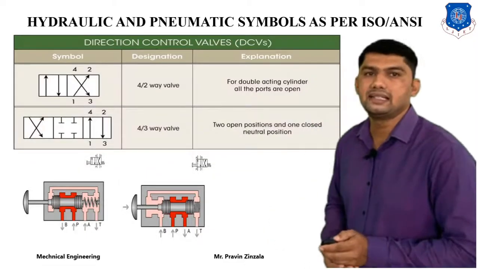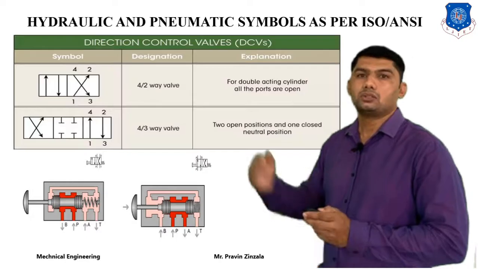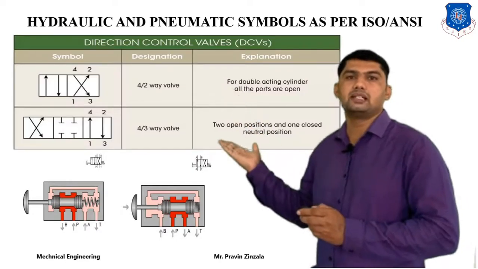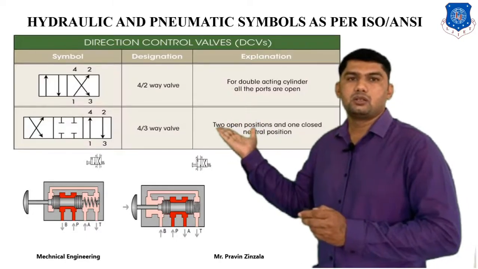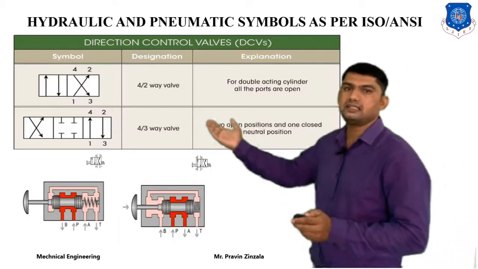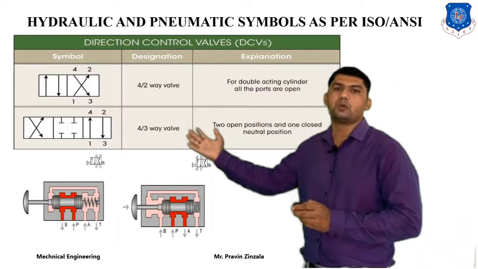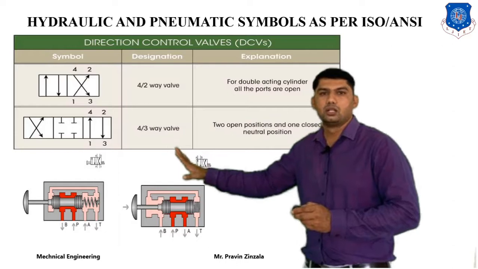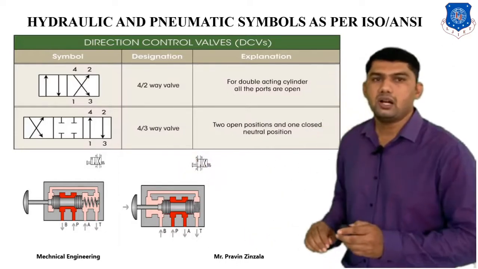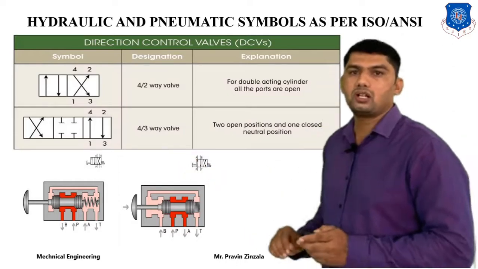Next is the 4x3 direction control valve. The comparison between the 4x2 and 4x3 is only in the positions. The 4x3 direction control valve has 3 positions, the same as the 4x2 direction control valve, but the difference is the steady position.